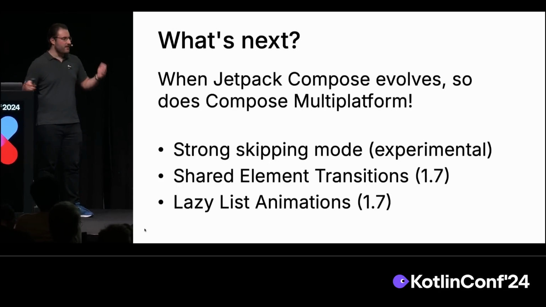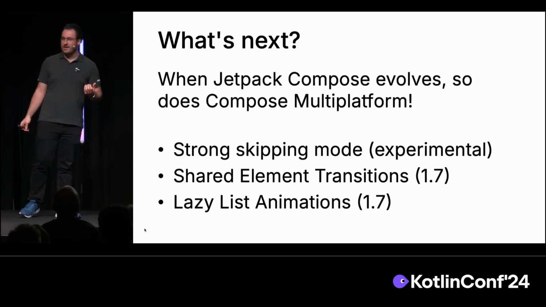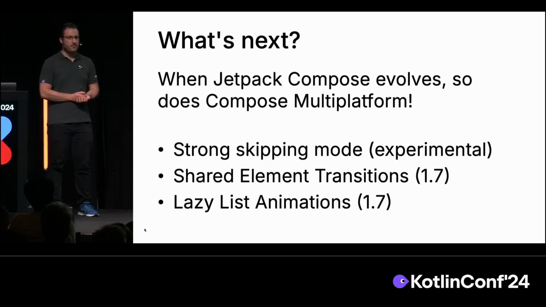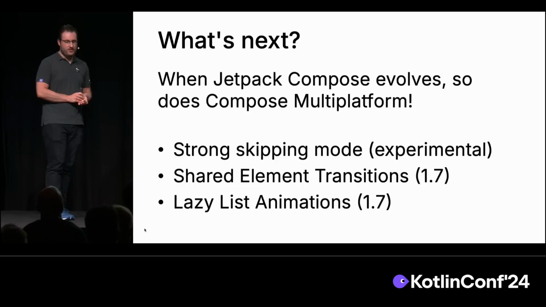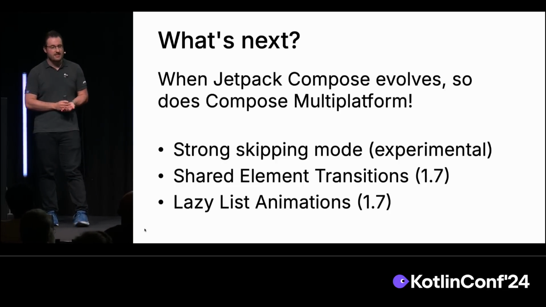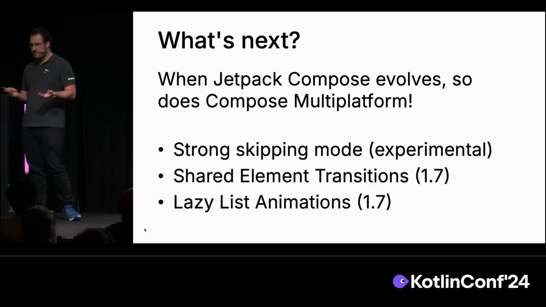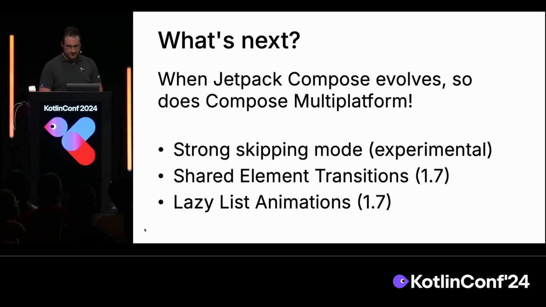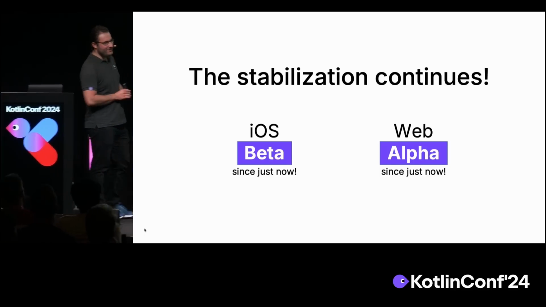We've seen today in the keynote that they're introducing the new strong skipping mode, and you can already activate this as an experimental feature in Compose Multiplatform as well, and really cut down on some unnecessary recompositions in your multiplatform applications. We're also getting support for the shared element transitions and lazy list animations that are coming with Compose 1.7, and you'll be able to build some really cool-looking UI using that. And of course, the stabilization journey continues.